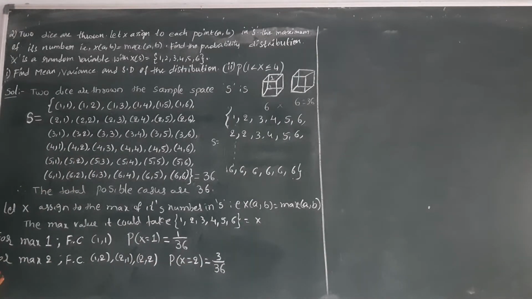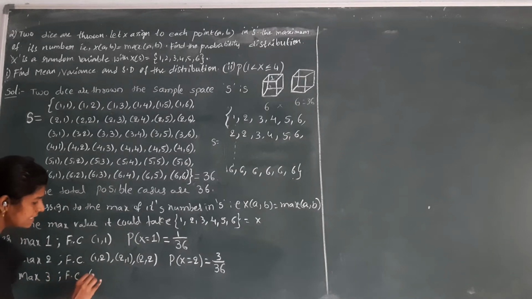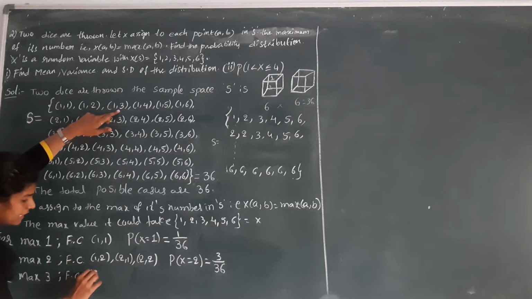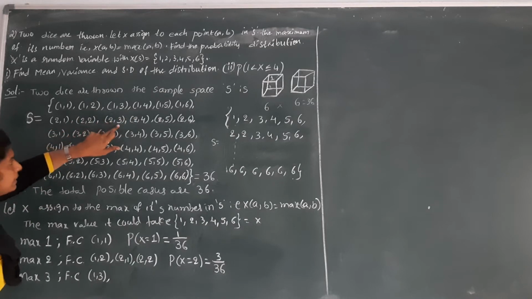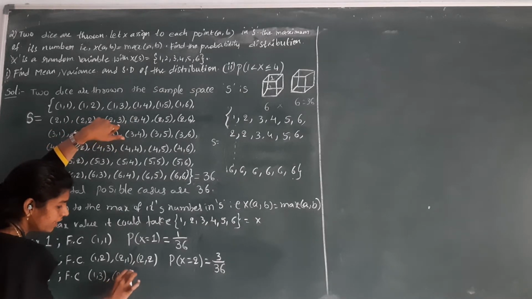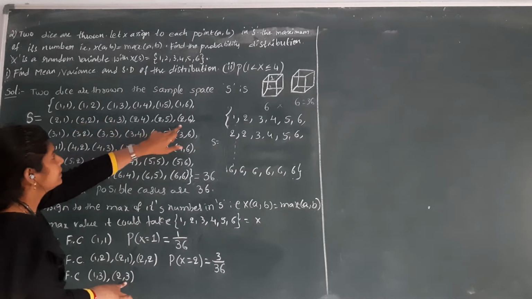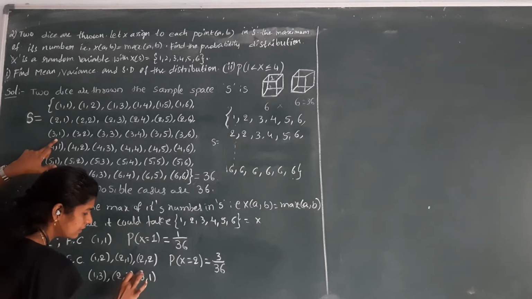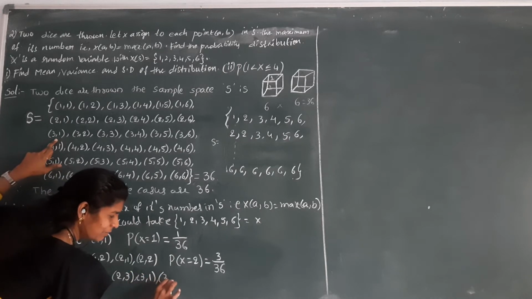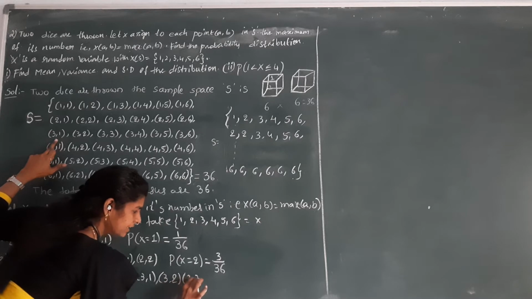Next, for maximum number 3, the favorable cases are (1, 3), where 3 is the maximum, then (2, 3), then (3, 1), (3, 2), and (3, 3).